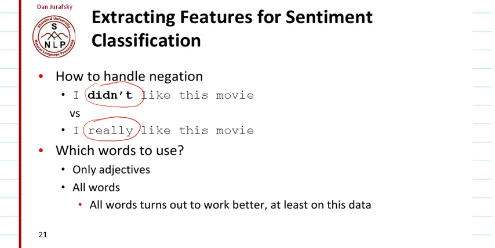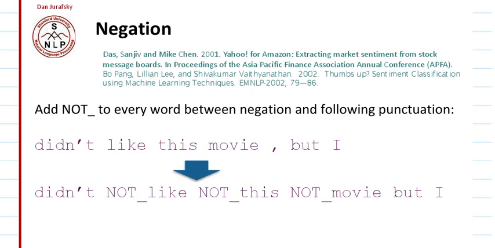In order to give the negative sentiment much more significance, we apply a technique in which we identify the negation words, and after detecting the negation word, we add "not_" to all the words between the negation word and the punctuation. In this way we aggravate the negative sentiment in that document. This was suggested quite early by Das and Chen in 2001.